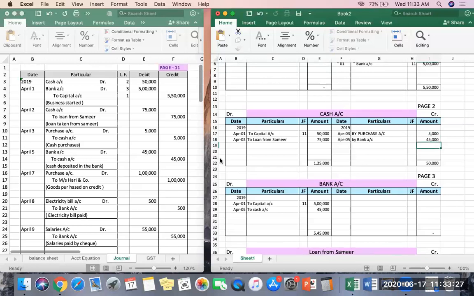Before time runs out, is this clear to you now? Yes, ma'am. Okay, fine. I'll send you these two, and you can do the ledger posting on your own and send me the pictures so that I can correct it. Right now I'm just stopping here. I'm not doing any more posting.